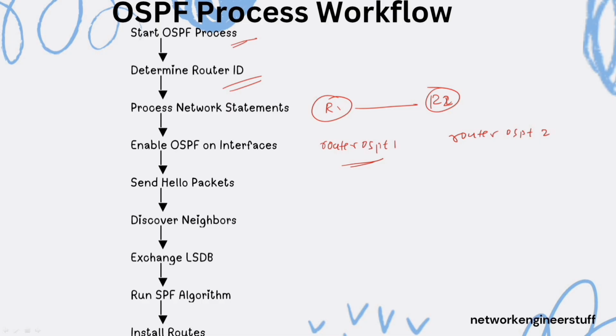The very first thing the OSPF router does once the OSPF process gets started is determine its own router ID. In fact, we configured it manually because that is recommended, so we configured 1.1.1.1 and 2.2.2.2. After the router ID is selected, we configured the network, the particular subnet which we configured in OSPF.